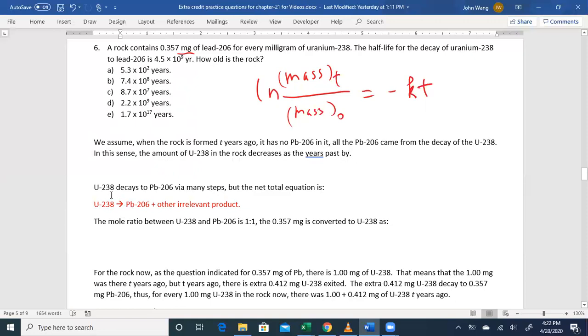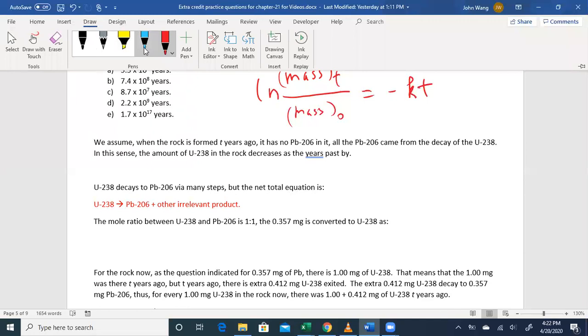We can use the equations to find out how much uranium-238 decayed to produce this 0.357 milligram of lead-206. The decay of uranium-238 to lead-206 takes multiple steps, but if you add up all those steps, the net total equation will be this. From this, we can see the coefficient ratio, and that is very important for our conversions.